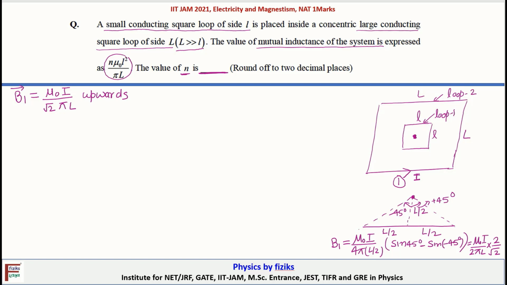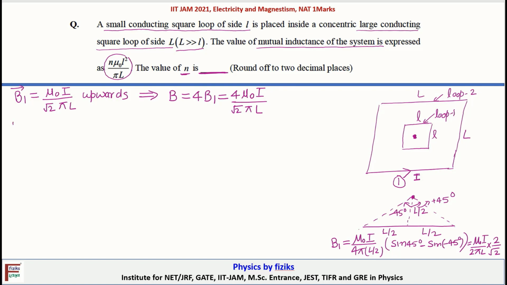Then the resultant magnetic field will be 4 times B1, because each segment has magnetic field B1. So that is 4 mu naught I by root 2 pi L. This is the magnetic field.